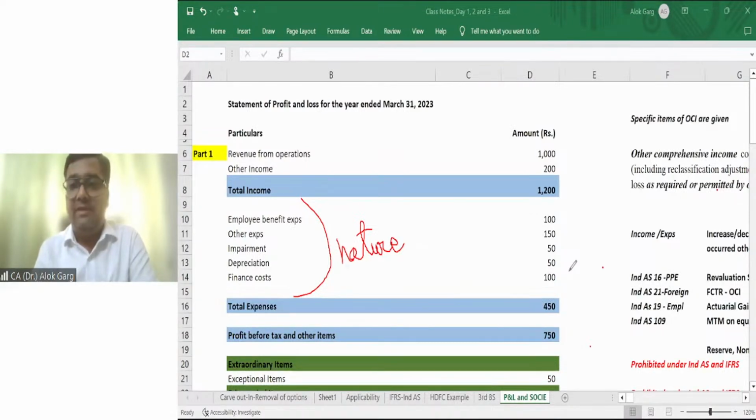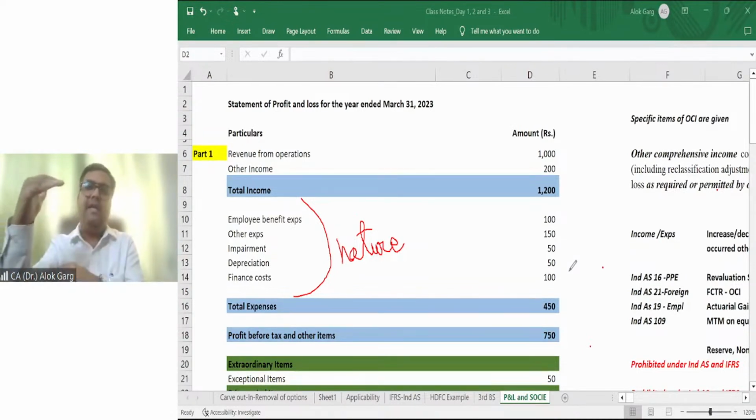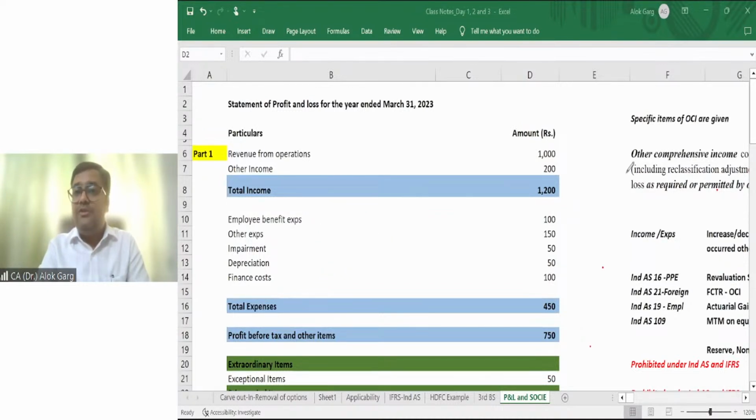So there are two parts of the statement of profit and loss, part one and part two. Part one is the normal P&L, which you have always seen, and part two is your other comprehensive income, right?